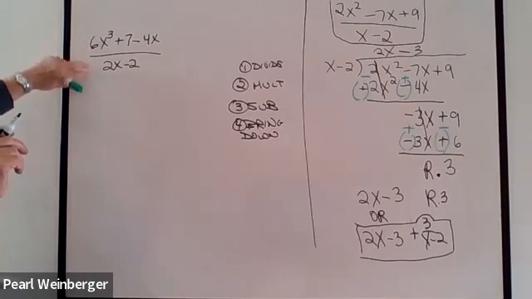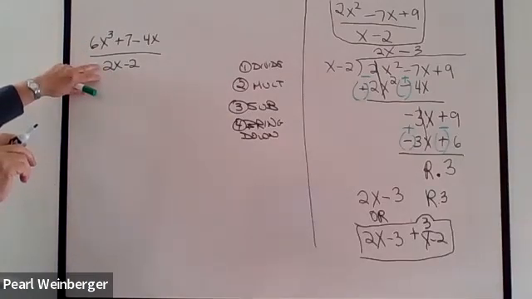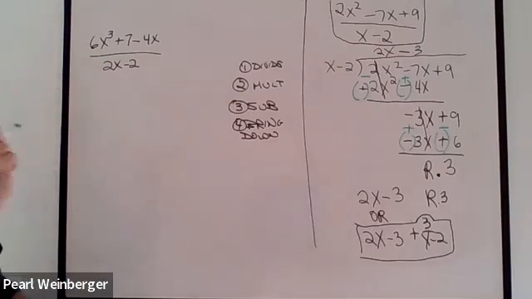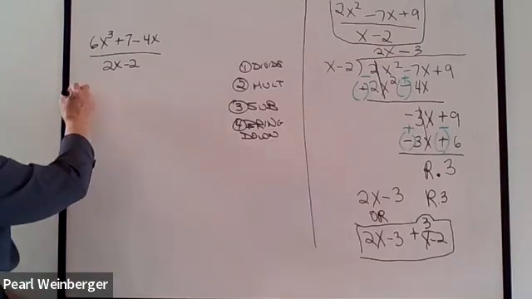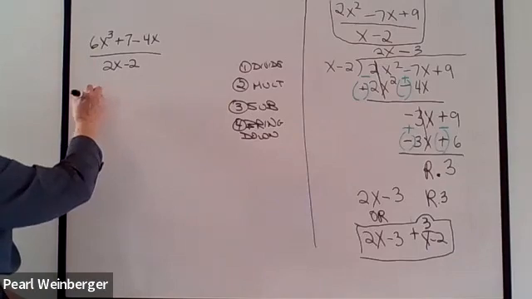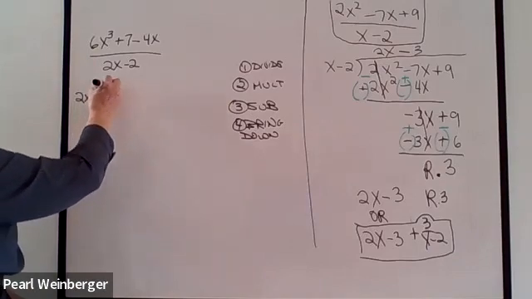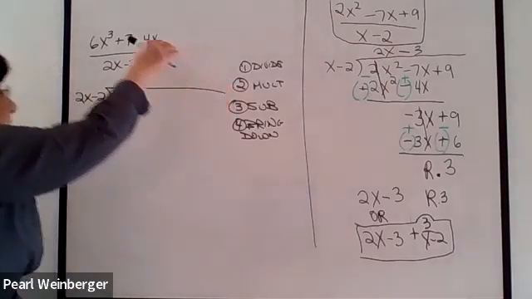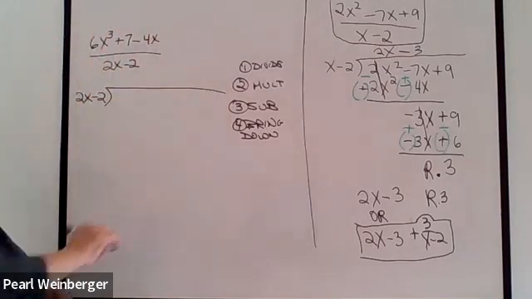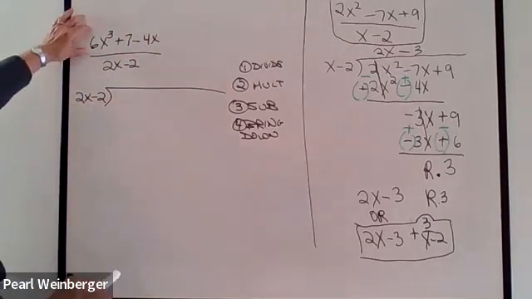It's 3 terms divided by a polynomial, which means, since it's division, I have to set it up like a long division, which means I have to put the 2x minus 2 on the outside. And on the inside, I have to put what we call the dividend, the polynomial that's on top.